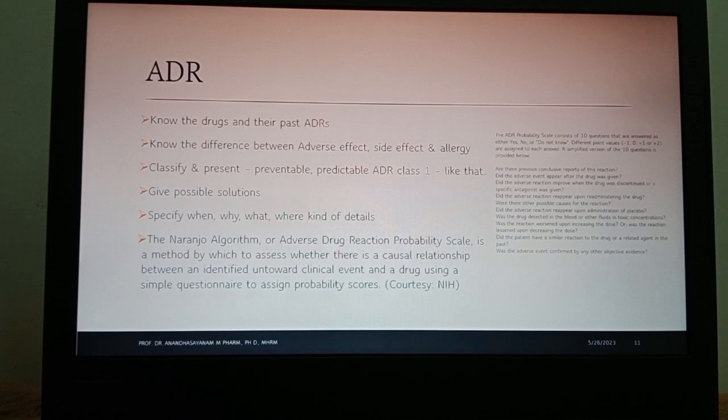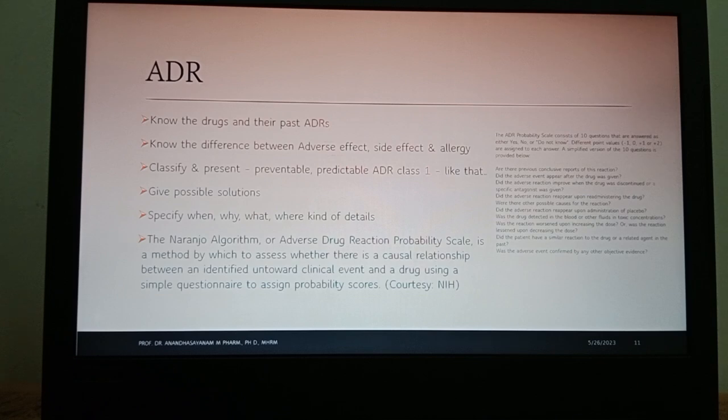Now we are discussing the ADR: how to classify it, how we are presenting it, how the ADR presented itself, whether it was a predictable or a preventable ADR, what the classification is, what the possible solutions are, when it was seen, when the drug was started, where, why, what, when, how. All these details have to be put. So you can use the Naranjo algorithm or the adverse drug reaction probability scale.